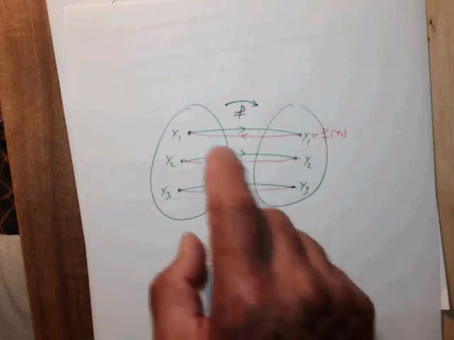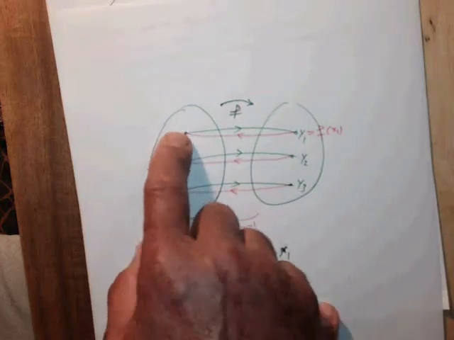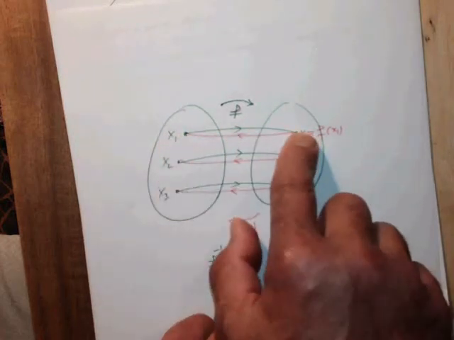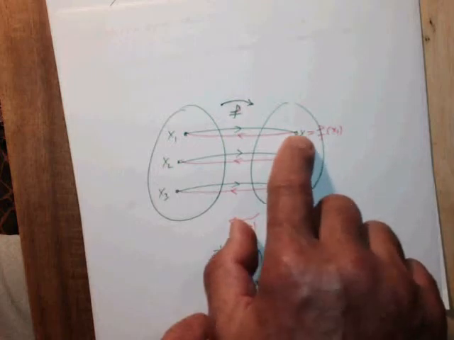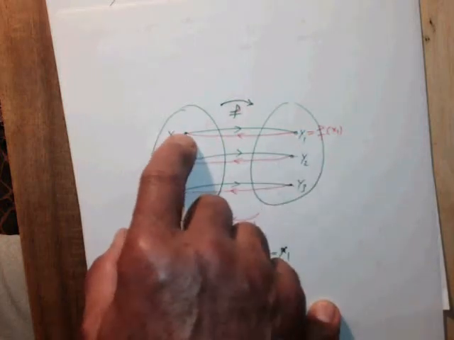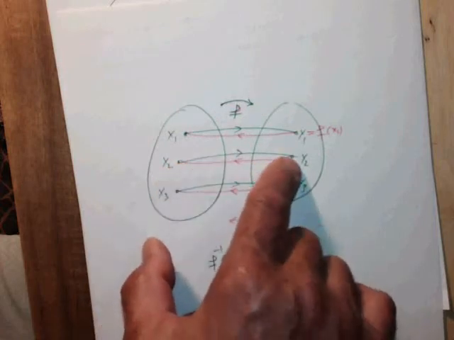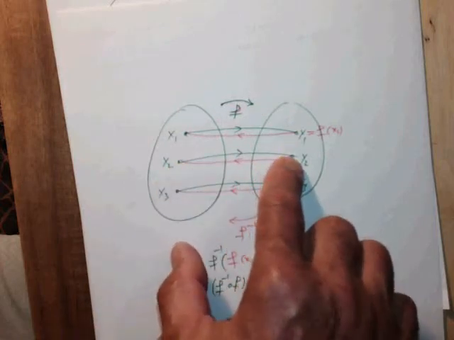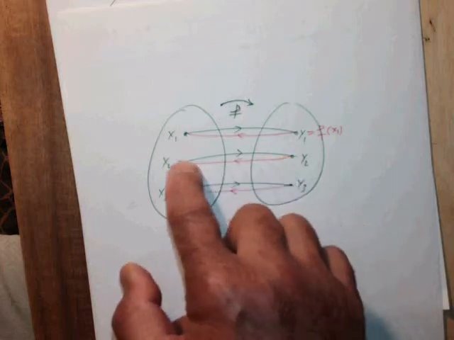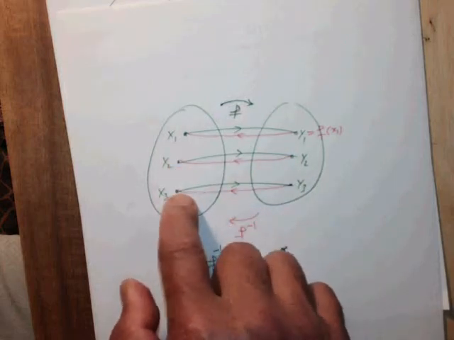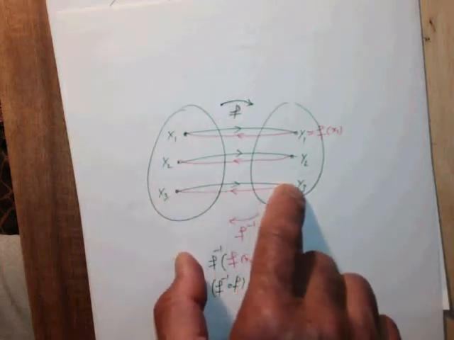Okay, if I start with x1, by f I go here, then by f inverse I go back to x1. If I start with x2, by f I go to y2, and then by f inverse I go back to x2. And the same thing, x3 to y3, y3 to x3.